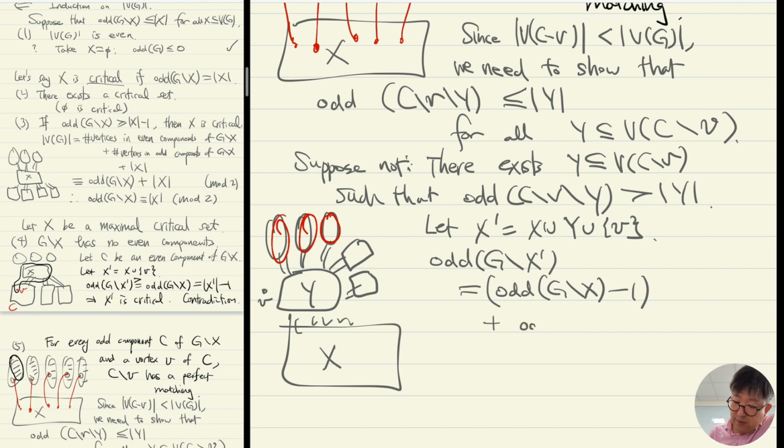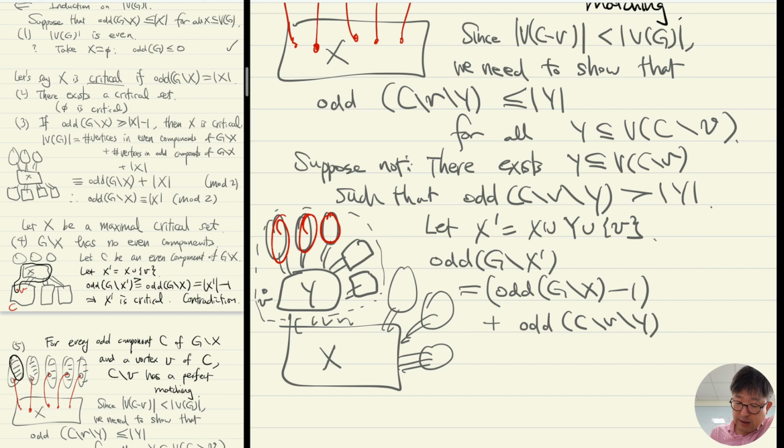And the other components of C delete V delete Y will be odd components of G delete X prime. There are other odd components, but we don't care. There are no even components. So that's the number of odd components in the new graph.